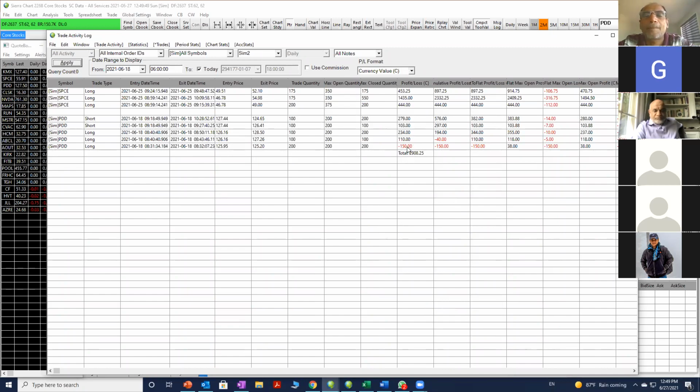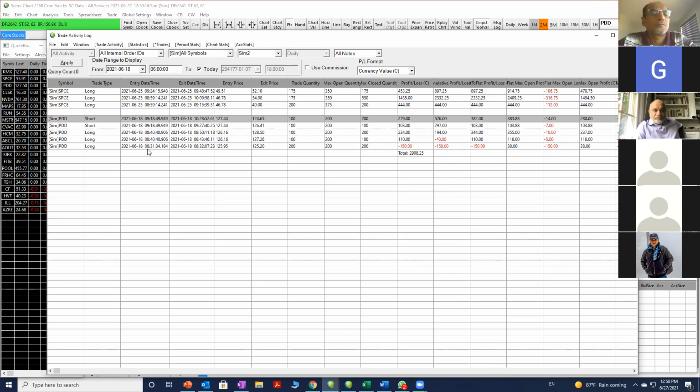The first trade was a $150 loss, correct? Then we made a partial of 110. Then we finally made $234. The net was 194. In this short position, we made $103. And then in the final, we made $279. Each time the position was 200 shares, and the net I just made was $576.